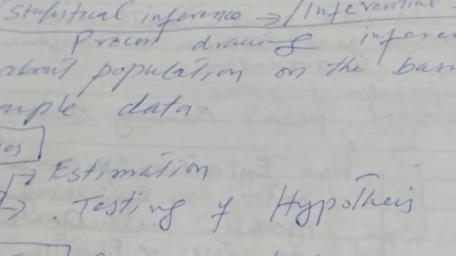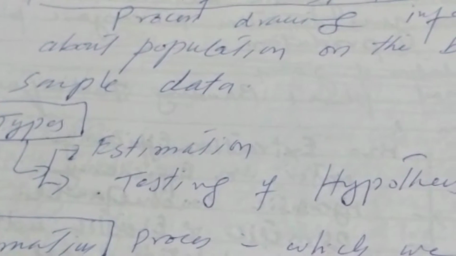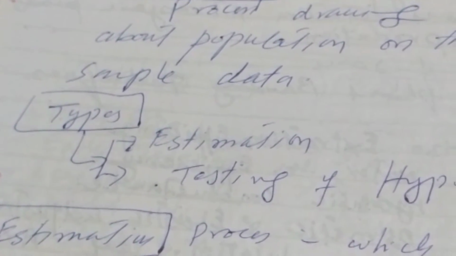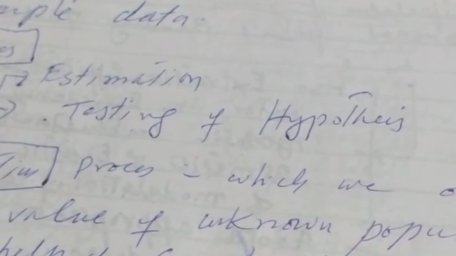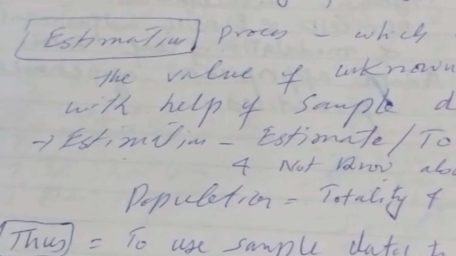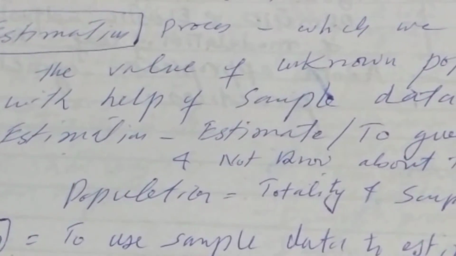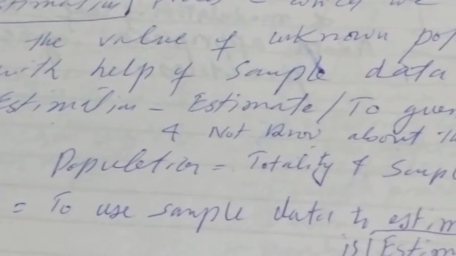Thus, the process of drawing inference about population on the basis of sample data is of two types: estimation and testing of hypothesis. Estimation is the process in which we obtain the value of an unknown population parameter with the help of sample data.